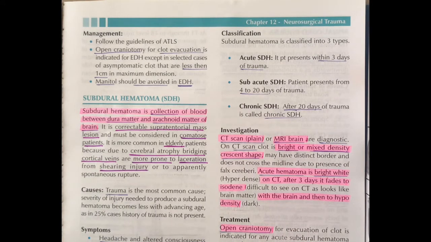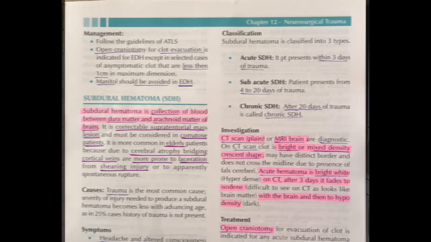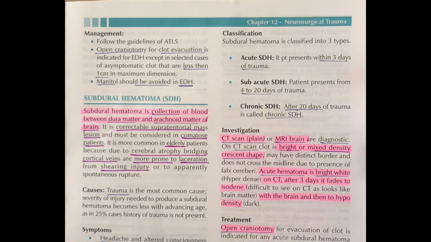But the severity of injury required for subdural hematoma becomes less with advancing age. What we have seen is that in the elderly, there is naturally cerebral atrophy, so the chance of trauma being the cause of subdural hematoma is less in elderly people.